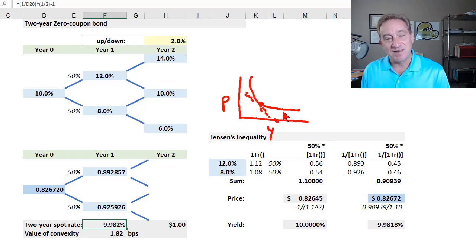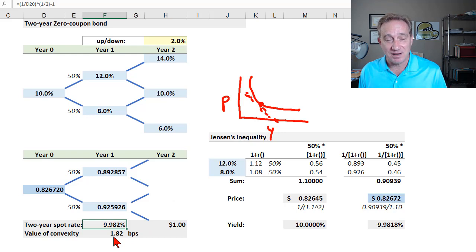But the convexity is also working in your favor because it's buffering or mitigating, it's decelerating your loss here. You're winning bigger due to the convexity on the upside, and you're losing less on the downside when yield goes up. So convexity for you as a buyer, long position, is unequivocally a good thing.